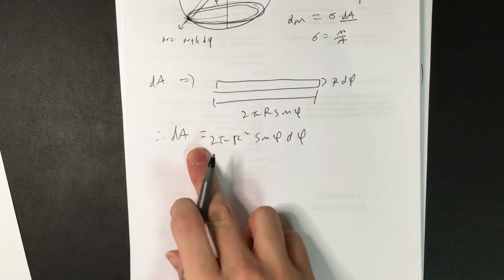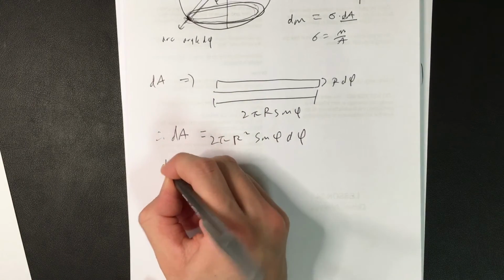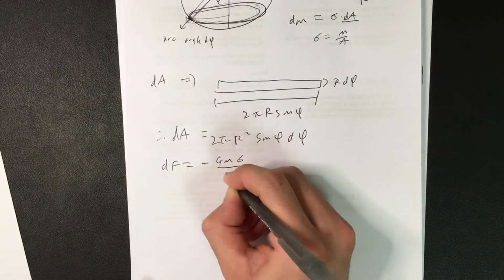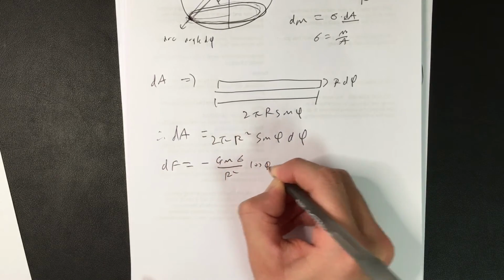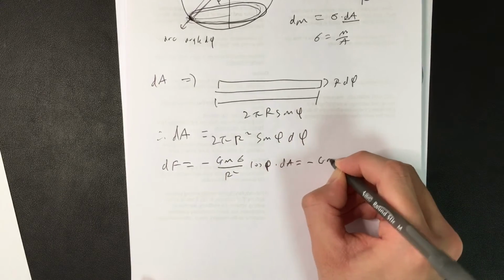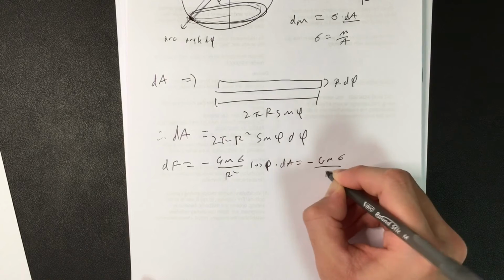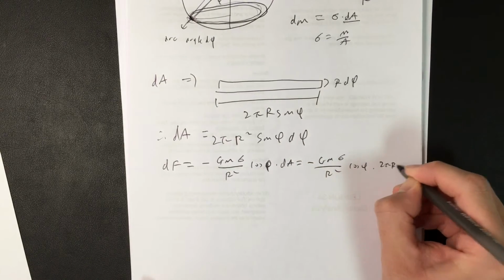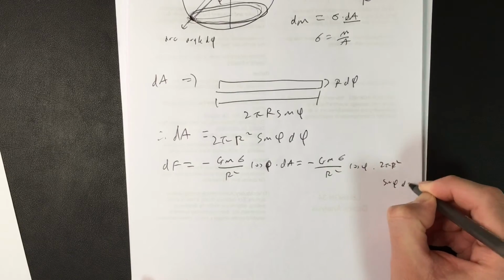So if I plug this value into the infinitesimal force, it equals negative GM sigma over r squared cosine phi times dA, which equals negative GM sigma over r squared cosine phi times 2 pi r squared sine phi d phi.